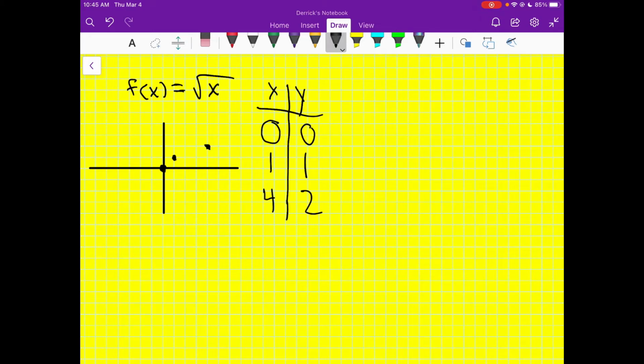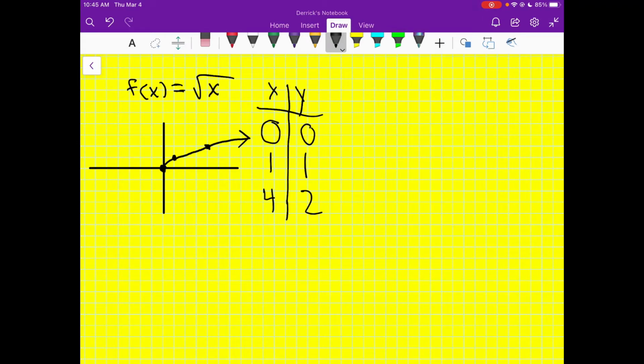And what we have is this line that curves both up and to the right, but mostly is curving to the right. Because if you think about it, after 4, the next number that square roots perfectly is 9, so 9, 3 would be a coordinate point, which means we're going to go 5 units to the right from 4 just to go up 1. And then after 9, the next number that square roots perfectly is 16, so now we're going to go 7 units further to the right just to go up 1.